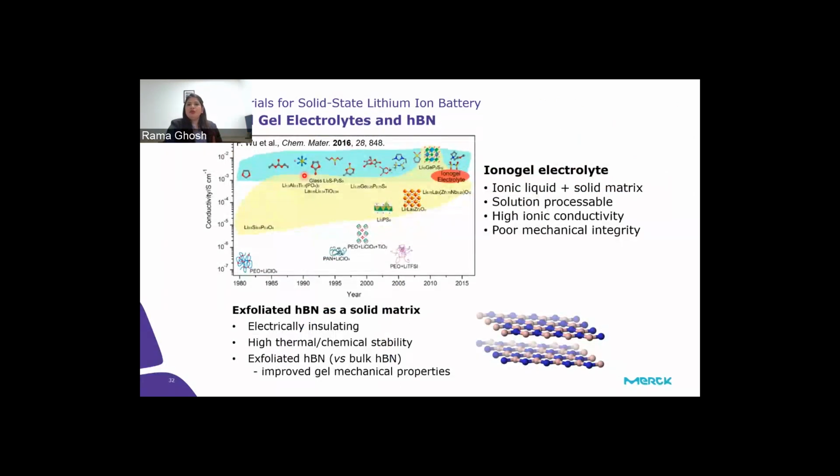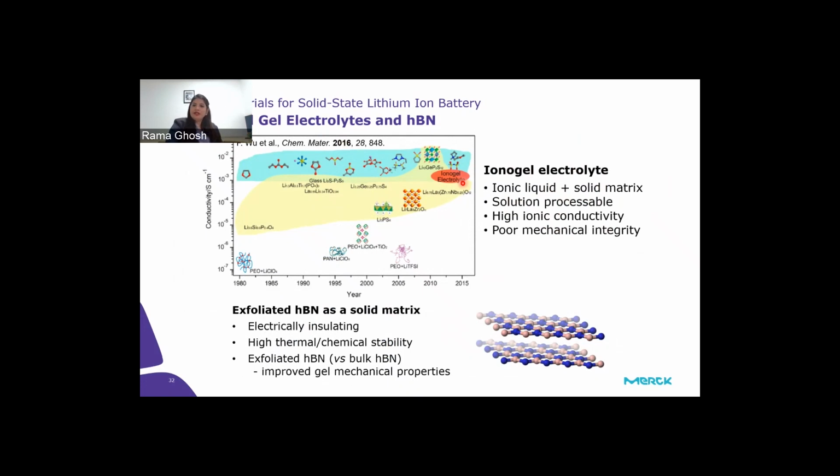Second, we also worked on ionic gel electrolytes. In the first case, we synthesized an ionogel electrolyte by using ionic liquid and a solid matrix. It is a solution processable technique. It has ionic conductivity, but we found that this electrolyte is poor in mechanical properties.